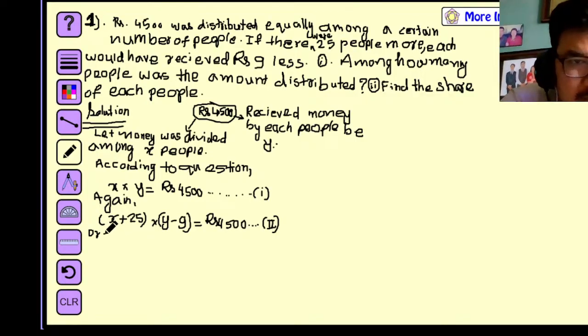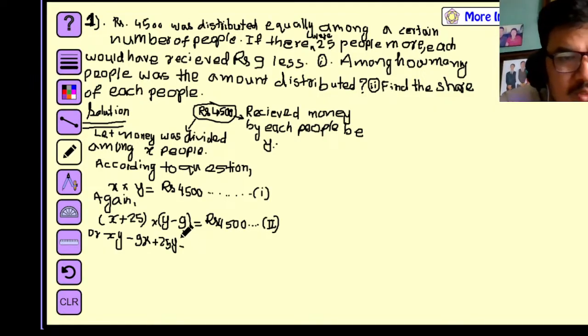x into y is xy. Then when you multiply x with minus 9, it will be 9x, minus 9x. Now 25 multiplied with y will be 25y, and plus 25 multiplied with minus 9, how much is it?